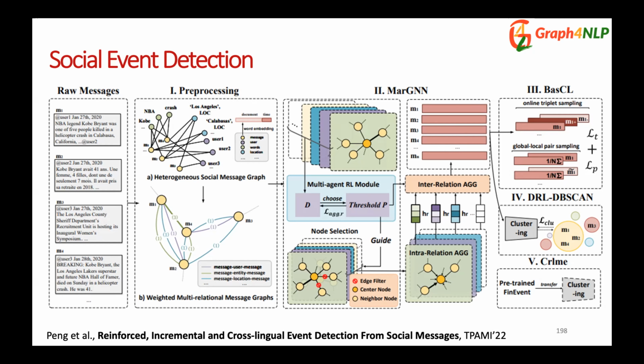If they are reporting different events, they will have diverse representations. Finally, based on the learned message representations, they propose a deep reinforcement learning based DBSCAN clustering algorithm. With reinforcement learning, they can automatically choose the two hyperparameters for this clustering algorithm. In this way, they cluster the different social messages into different event clusters. For more details, we refer to the original paper.